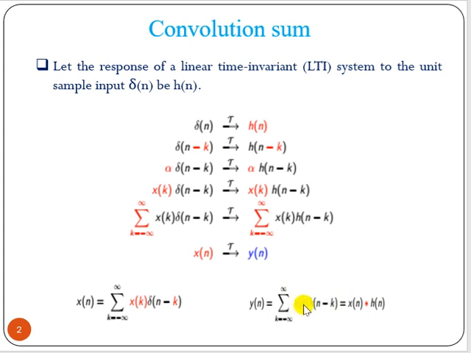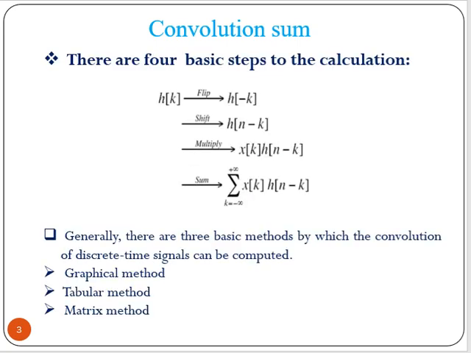We can also write this as x of n minus k into h of k. That we have seen in the last lecture. This operation is known as convolution sum or convolution.